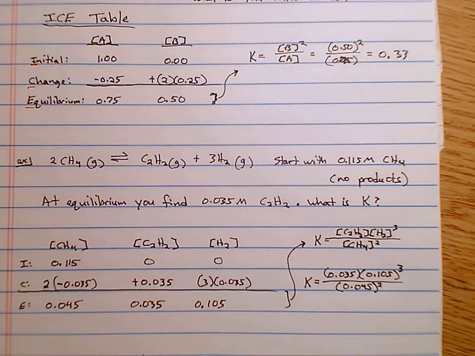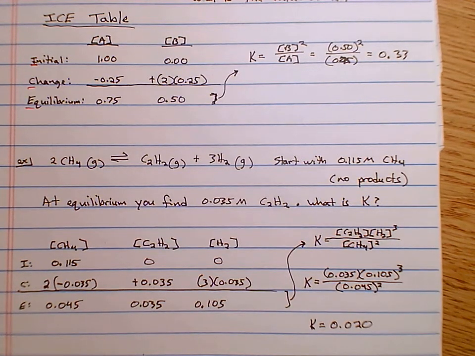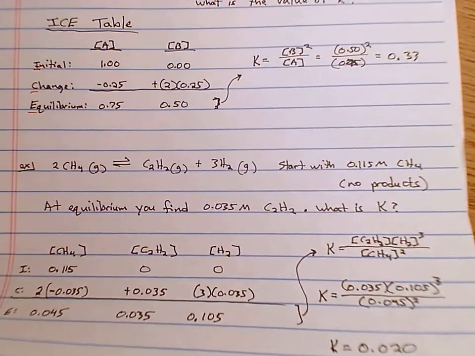The number one mistake people make is forgetting the cubed and the squared. A little bit of math, and we've got K equals 0.020. No problems there.